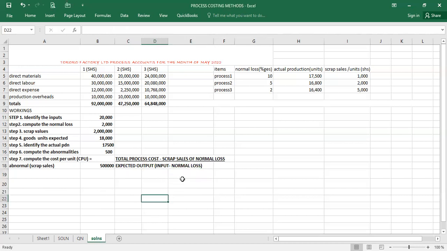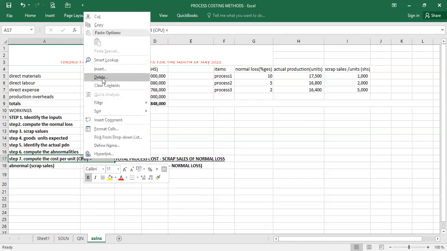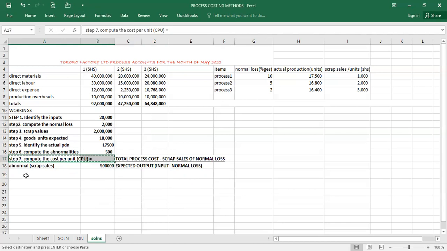Then we can fill in our figures so that we get to know how much we are going to be using. We can copy this one and put it down so that we can create space.